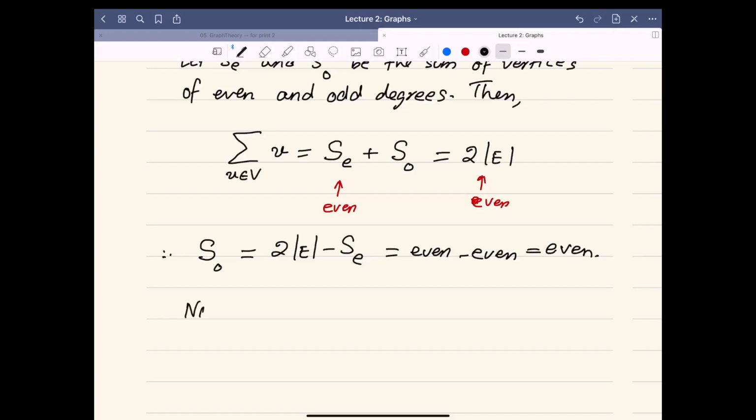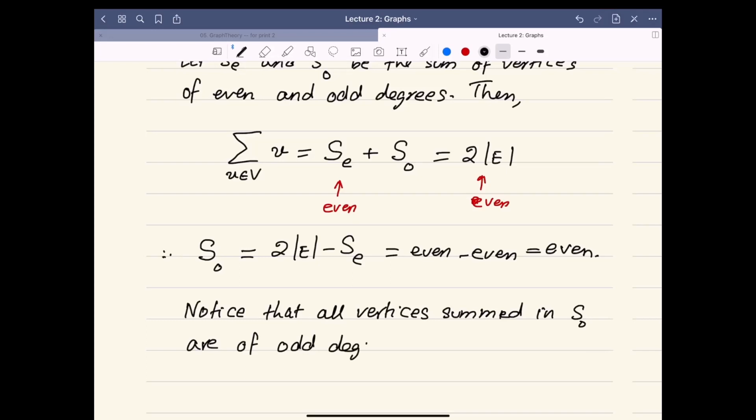Now notice that all vertices summed in SO are of odd degrees. In other words, this summation has been obtained from the summation of only odd degrees. So they are summed of only odd degree.